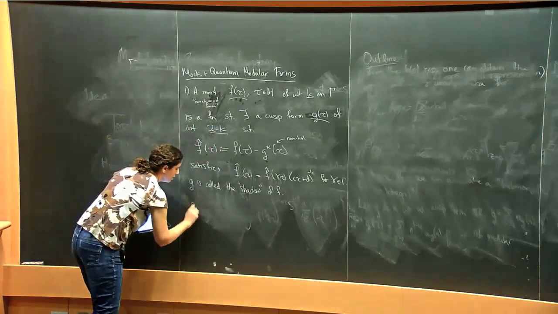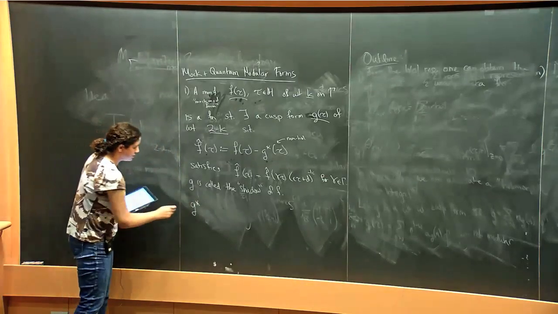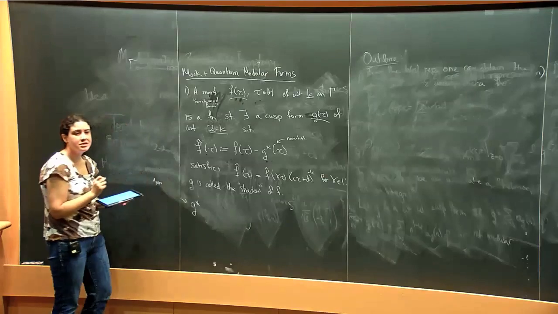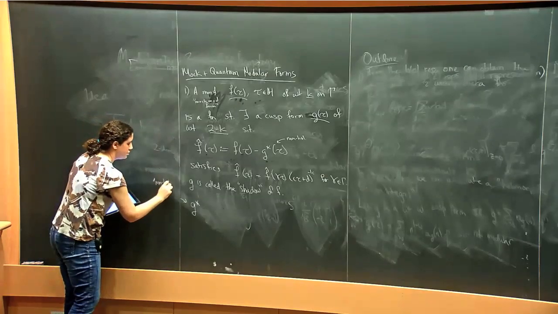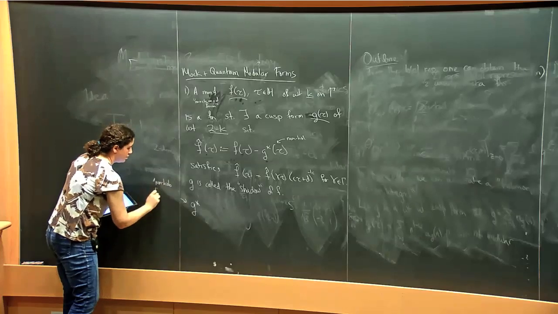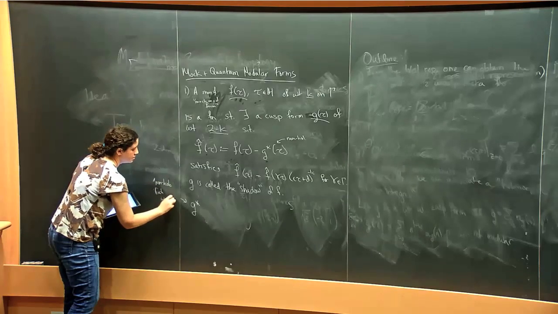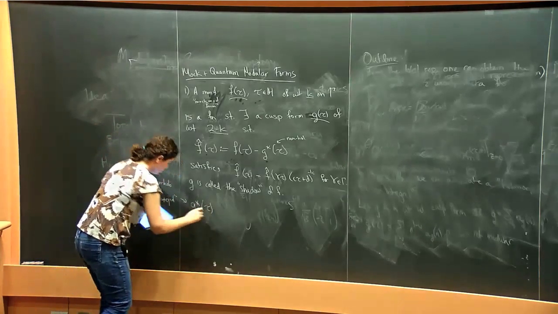And G star is a so-called non-holomorphic Eichler integral, to be contrasted with the holomorphic Eichler integral, which gave us a false theta function earlier. And you'll see it has explicit dependence on tau bar.